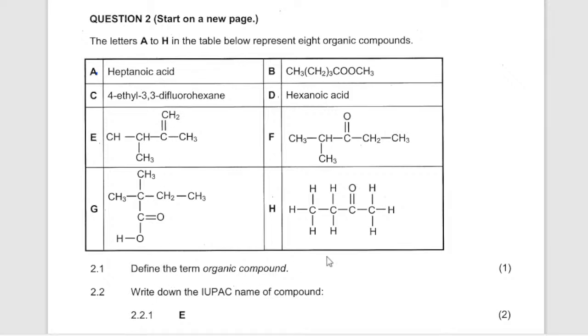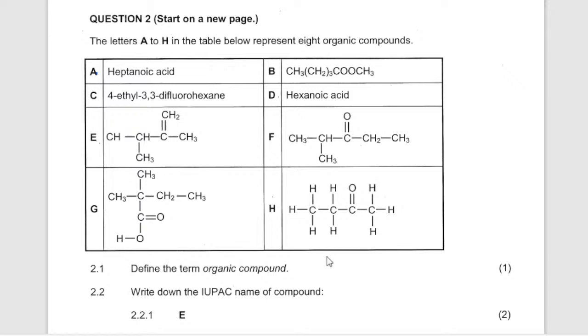Basically, organic molecules are compounds with one or more carbon atoms that are covalently linked to one another, or with another element. So basically, an organic compound must have carbon atoms.